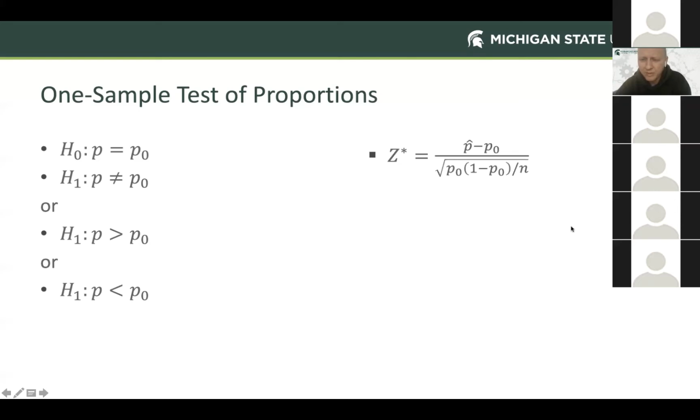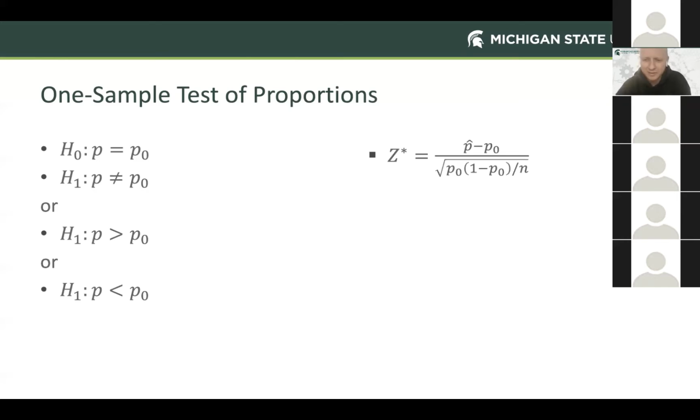And so does anybody have any thoughts as to why we would select P naught rather than P hat here? And I guess the hint I will give you is think about our assumptions going into these hypothesis tests. And specifically, if the null hypothesis is true, what would that mean about how we're calculating this test statistic?